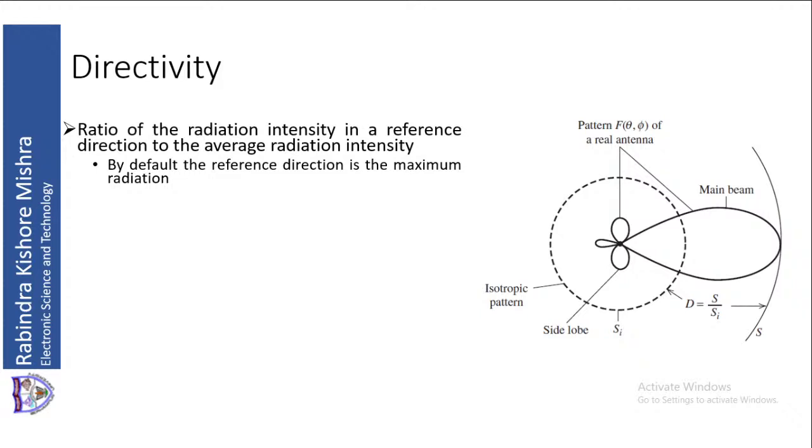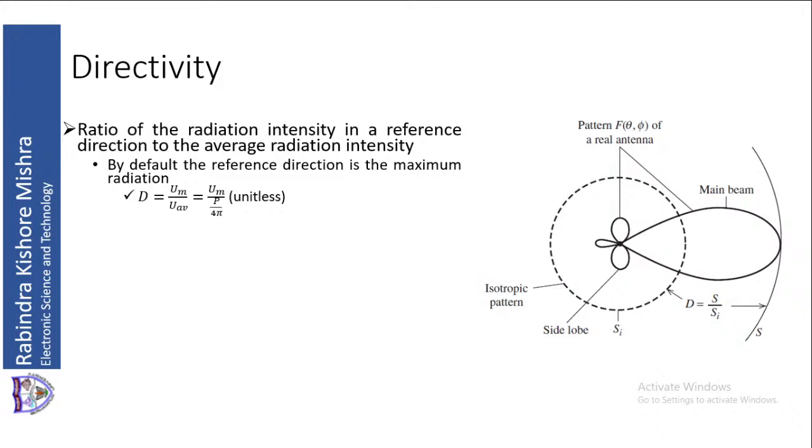So directivity is the ratio of the radiation intensity in a reference direction to the average radiation intensity. Usually the reference direction is the direction in which you have the maximum radiation. Average radiation intensity you find out by considering an isotropic antenna radiating the same power.